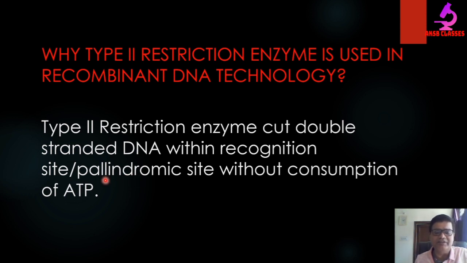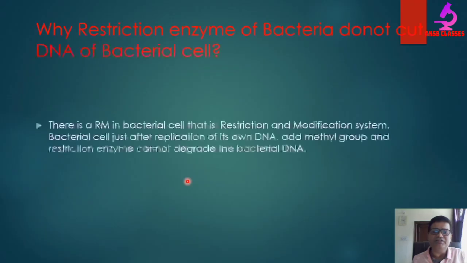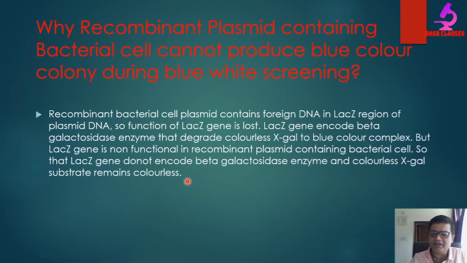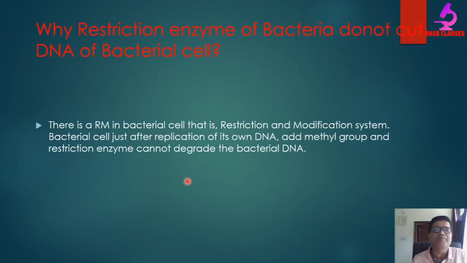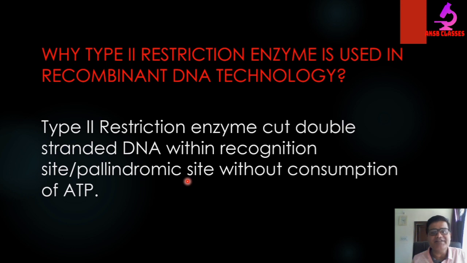If you read the DNA sequence from 5' phosphate to 3' OH end in both strands, you will get the same reading in the case of a palindromic sequence. So you have to remember the palindromic sequence or recognition site of each type of restriction enzyme.